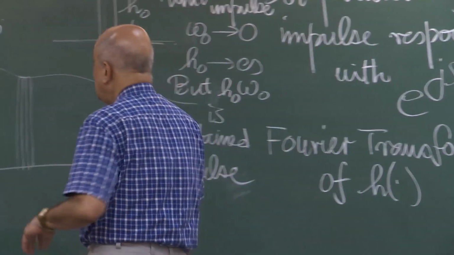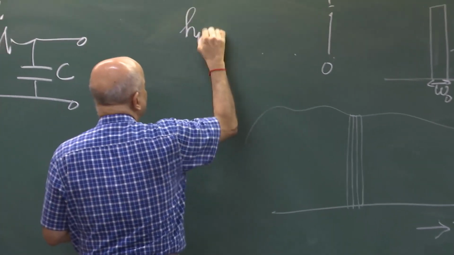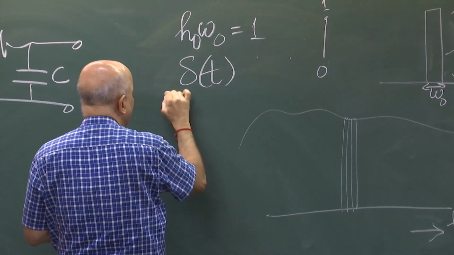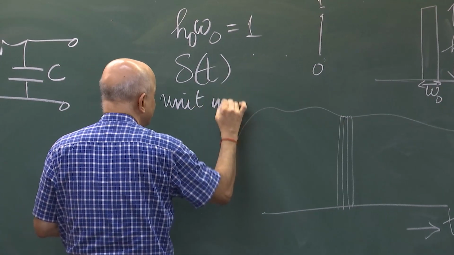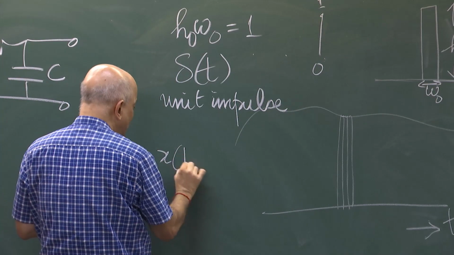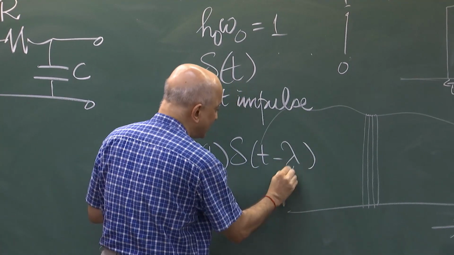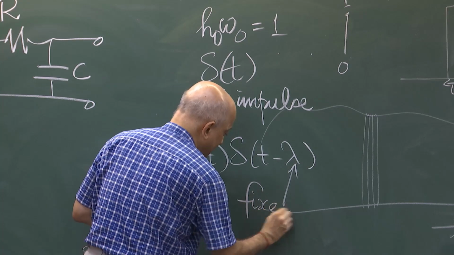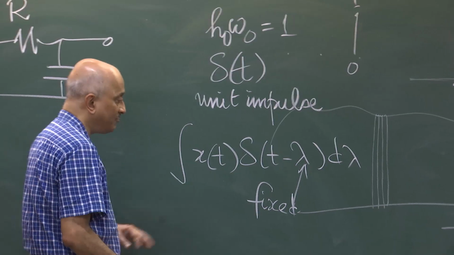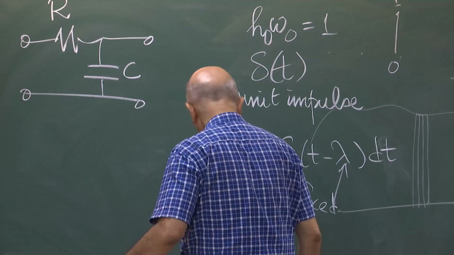So, for example, when h0 w0 is equal to 1, we denote this as delta t, or unit impulse. And you have x of t. If you multiply x of t by delta of t minus lambda, where lambda is a fixed number, and integrate this with respect to t, what are we doing?